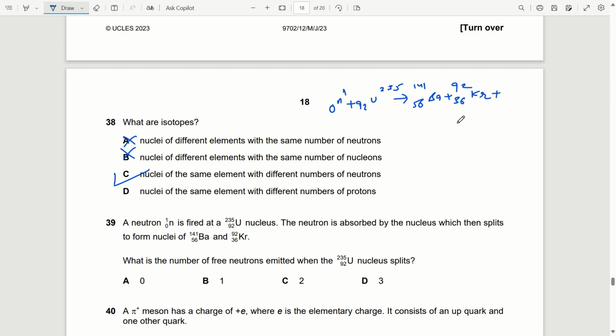Now see, here it is 235 plus 1, 236, and here it is 141 plus 92, 233. So 3 neutrons should be released. 3 neutrons. Option D is correct.